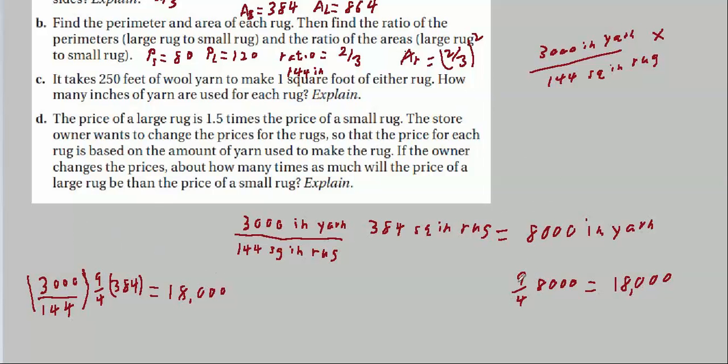Or you could do it the long way, which would be putting 864 in here and performing this calculation again. Either one will give you the right answer. It's up to you what you prefer. So the answer is, it took 8,000 inches of yarn to make the small rug, and 18,000 inches to make the large one.